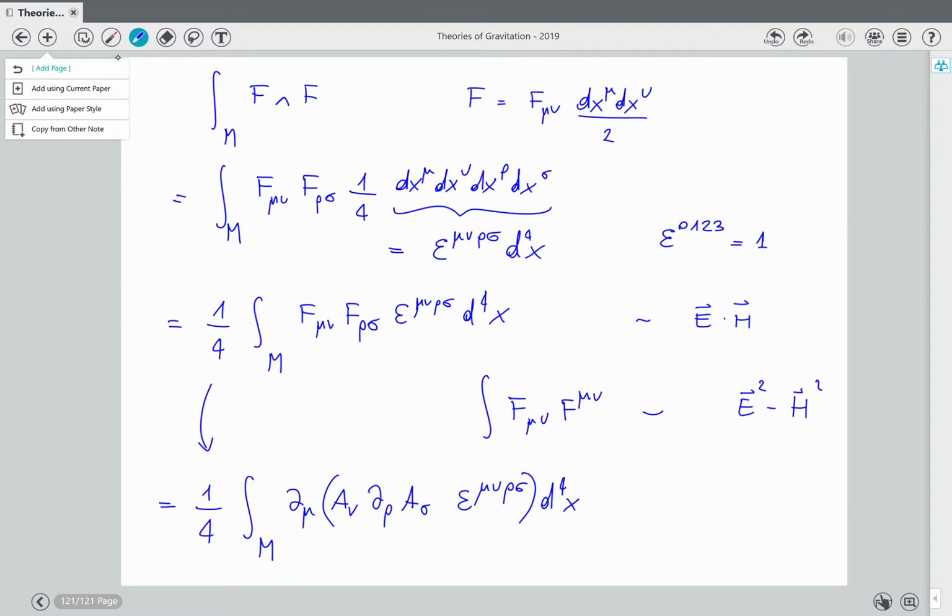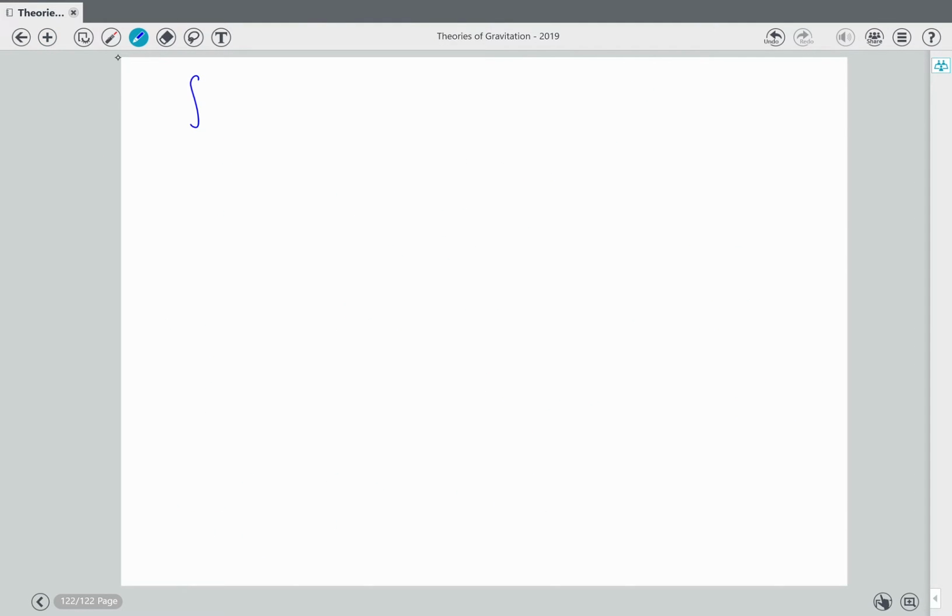So let's do it. You have this object, which you can write like that, but you can also write it like that, because D is nilpotent.